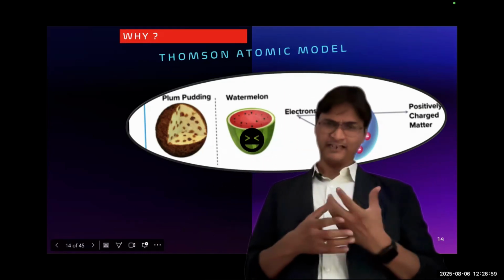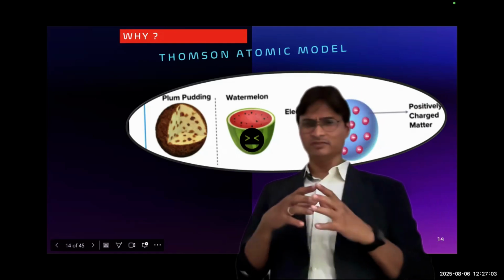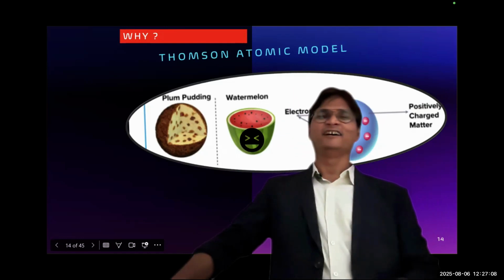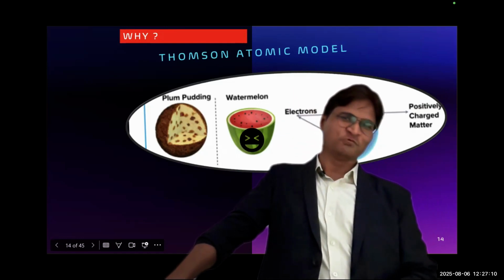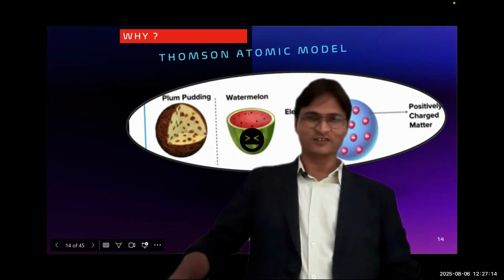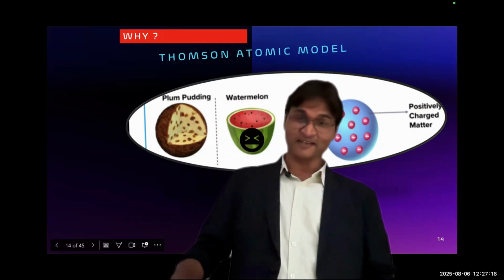He called them electrons. Same way in plum pudding, the continuous cake part is positive, and the embedded cherries are negatively charged. We know today that atom structure is not this simple. It's laughable, but why are we still studying it, and why is it there in the book?